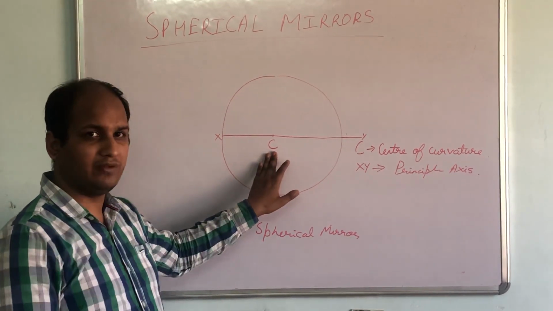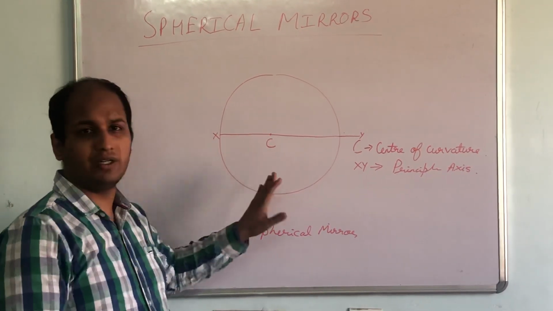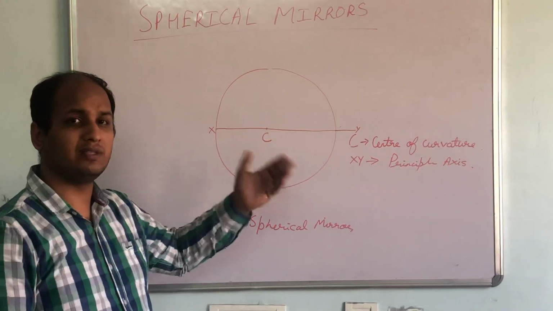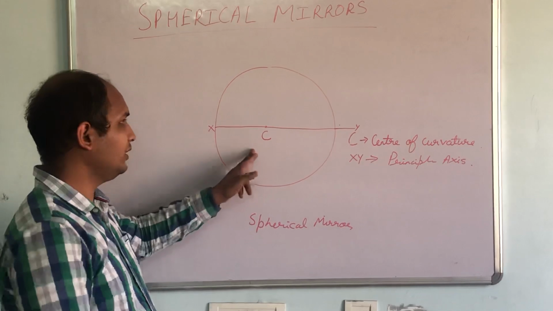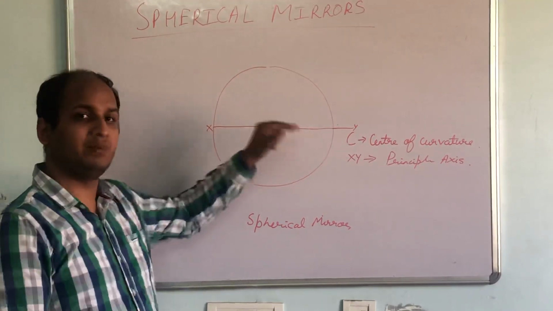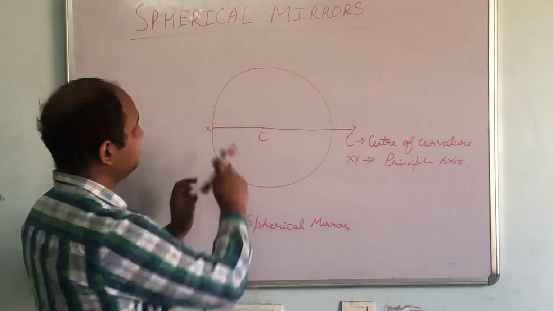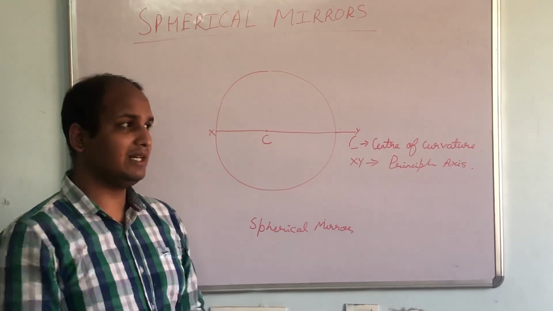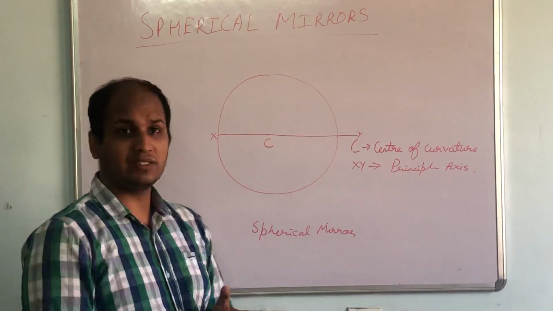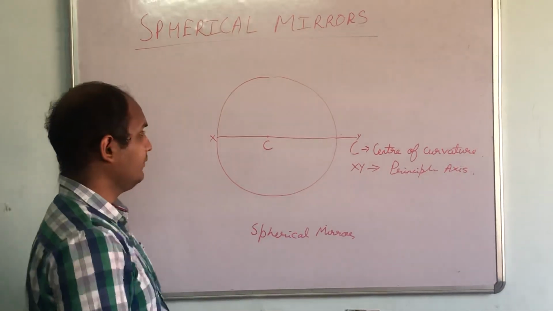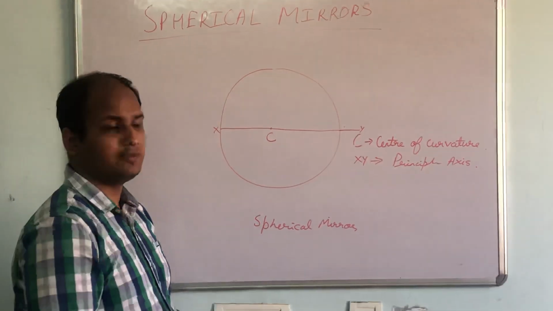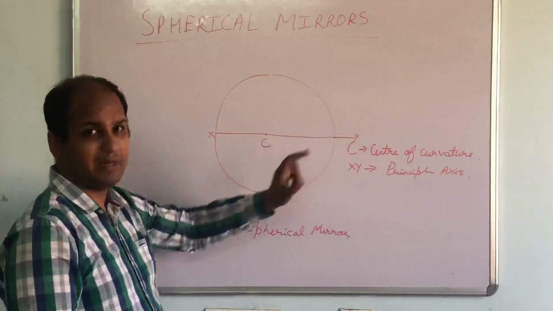C is the center of curvature, that is the center point of the spherical mirror of which the mirror is a part, right? Because this is the center point of the spherical mirror of which the mirror is a part. Mirror is a part means it can be a convex mirror, it can be a concave mirror. And this is the line we call the principal axis, that we have denoted by XY.